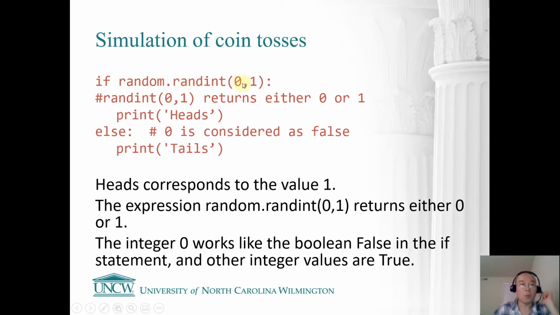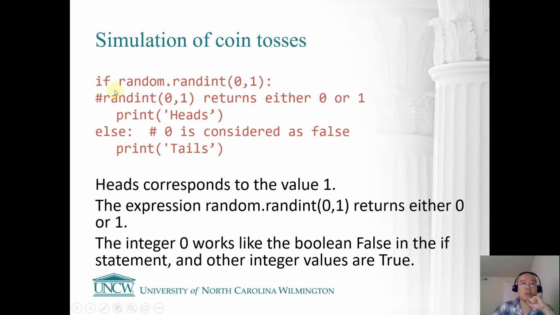Okay, and remember, last lecture we talked about the integer values. Non-zero integer values will be taken as a true. Do you remember that? We have that in the last lecture. So if we evaluate that as a Boolean, all the non-zero values will be true.